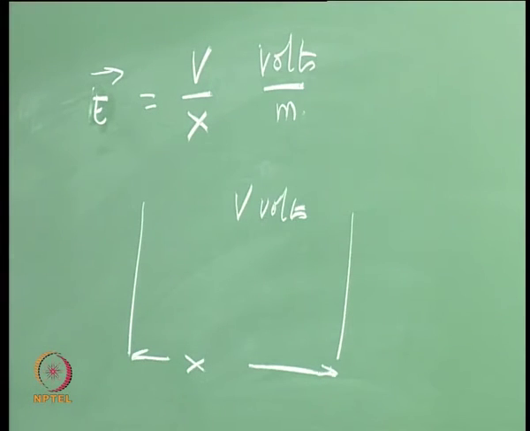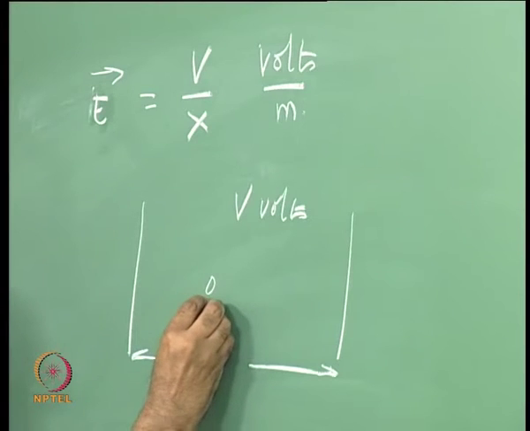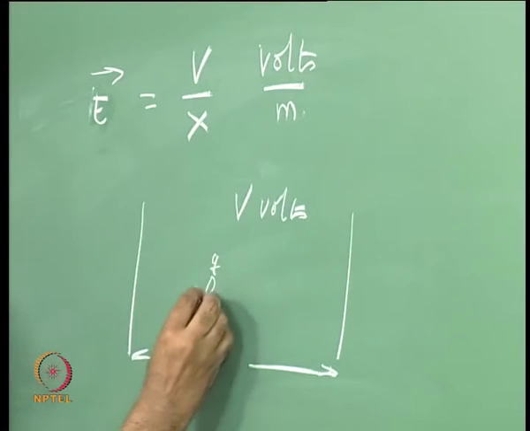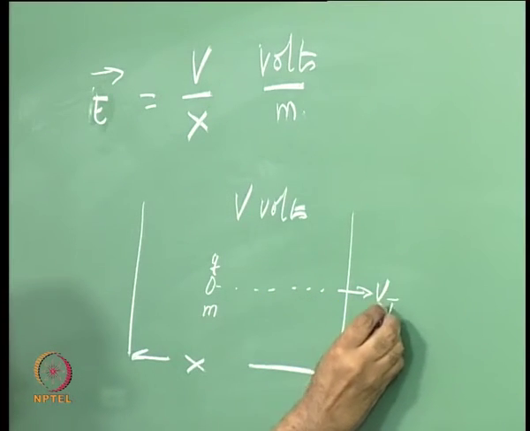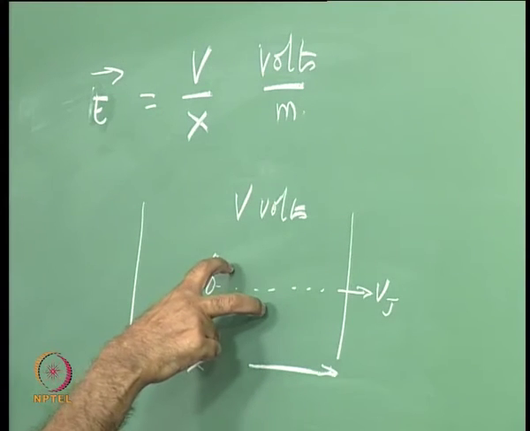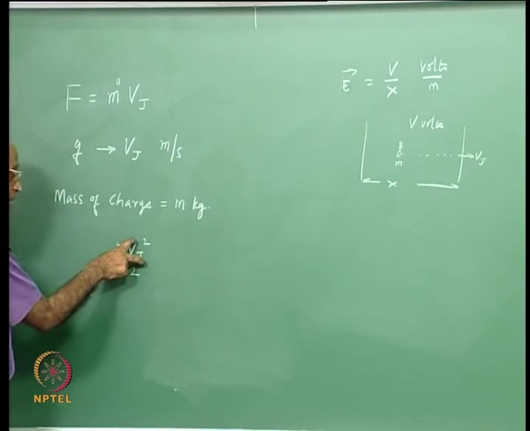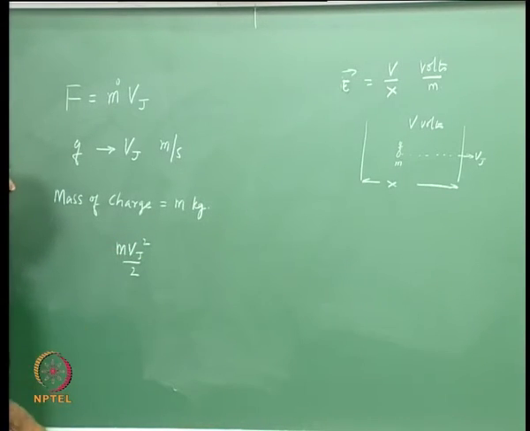In this electrical field, if I put a charge and I accelerate the charge of mass m, the charge being q, through Vj, I am interested in expressing a relation between the electrical field and the kinetic energy which I am supplying to the particular charge of mass m.